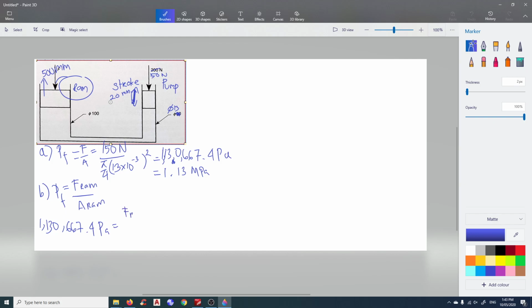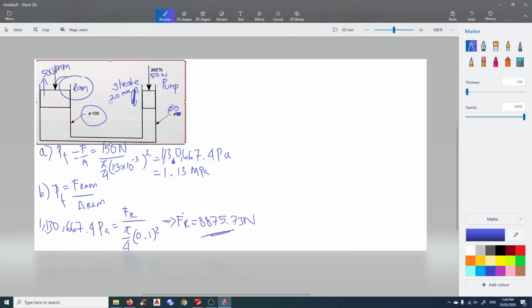Now the area of the ram is 100 mil of diameter, so a quarter pi times 0.1 meter squared. The force of the ram is now 8875.73 Newton.